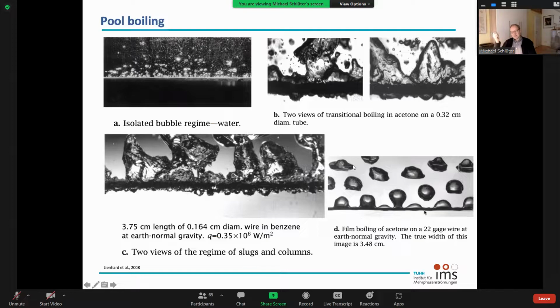And this means that despite the very, very high temperature of the wire, not so much heat is transferred across this vapor layer, and therefore fewer bubbles are created by evaporation, because the heat transfer is limited by the conduction in the vapor layer.